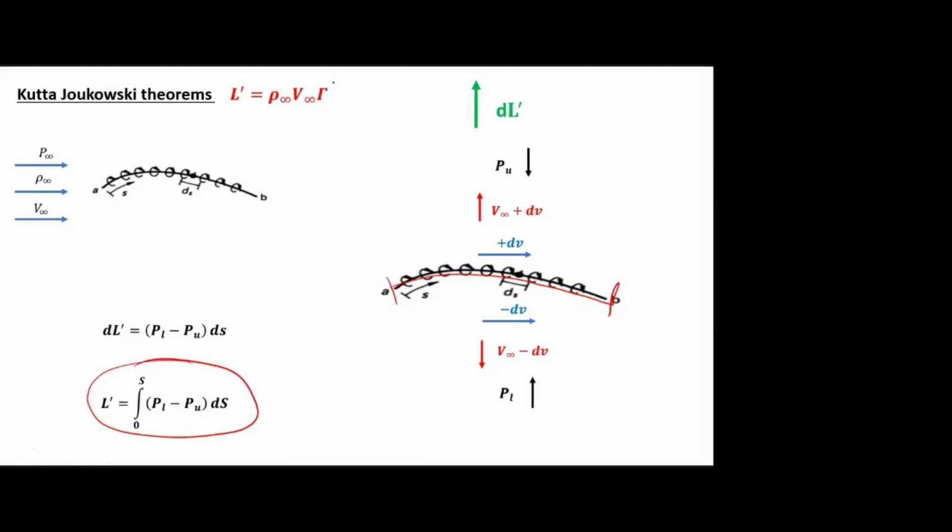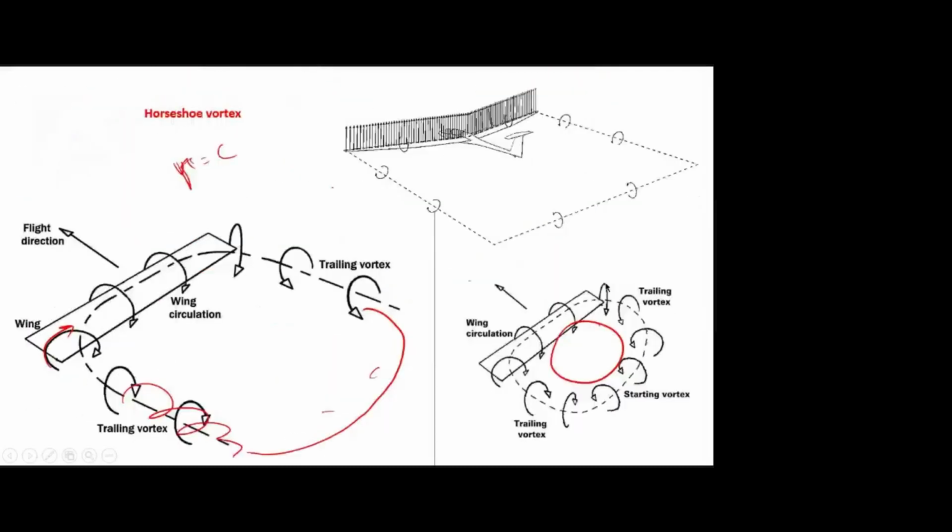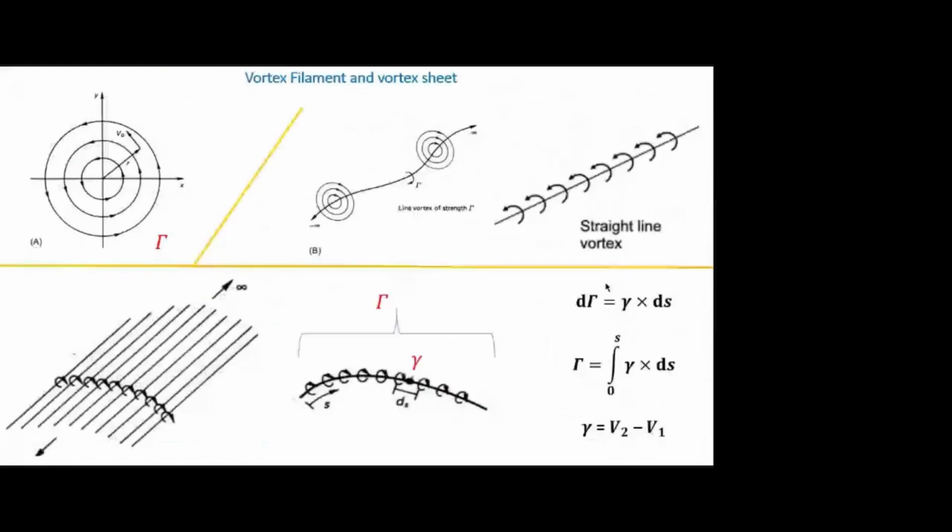Now we have to find the circulation equation. The circulation equation we already derived for the vortex sheet. So here I have taken, for this small distance ds, the strength is d gamma, where it is gamma into ds.